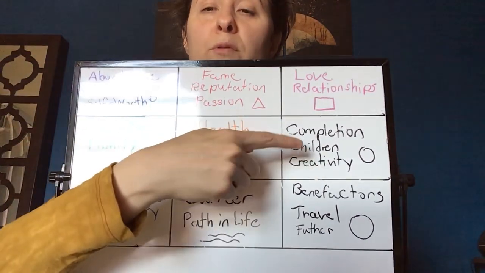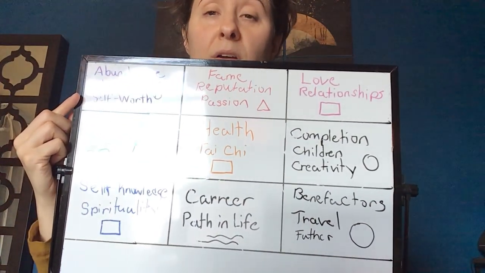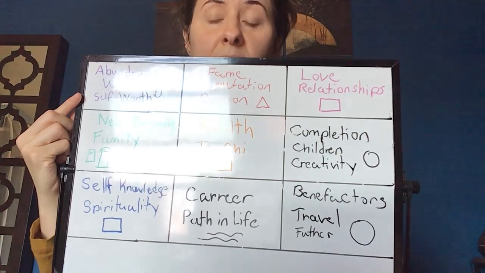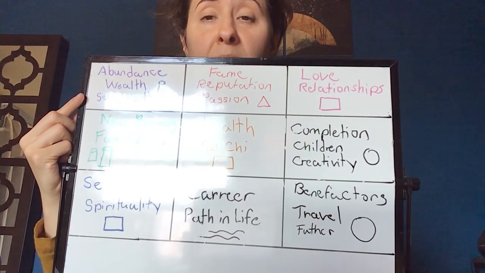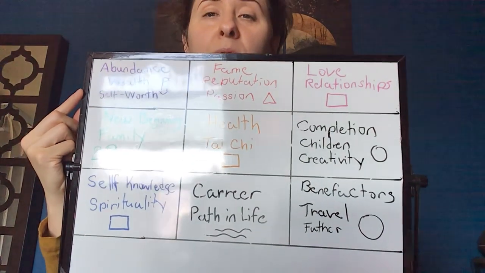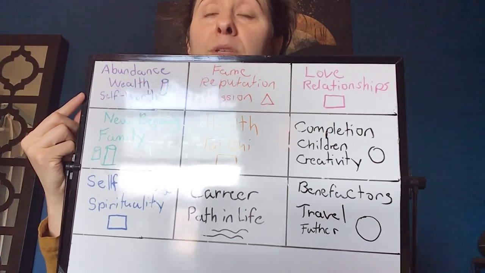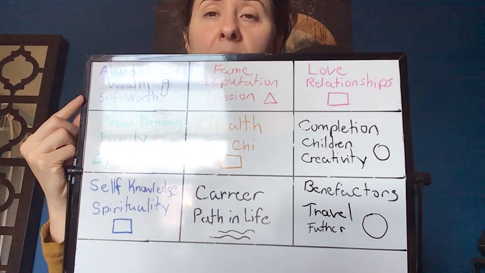So now we'll move over to the completion area, and the completion area is also associated with the metal element. It's connected to children and creativity, and really, the element of fall. So you think about the emotion of grief, or letting go, or completing something and letting it go.